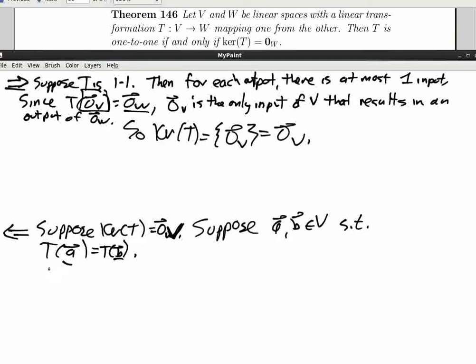The way I'll do that is I'm going to say, well, T of a minus T of b has to equal the 0 element of W then, because I can just subtract from both sides. But T is a linear transformation. That means that T of a minus T of b is equal to T of a minus b.